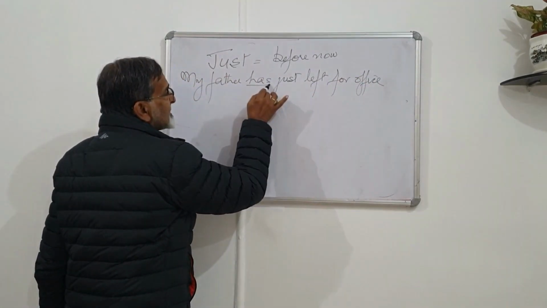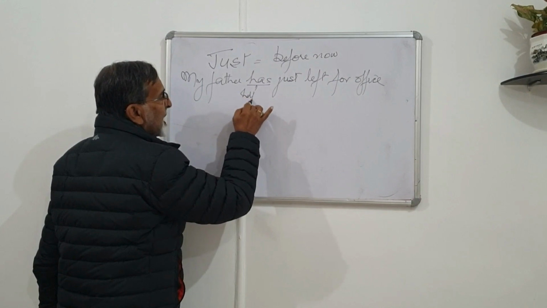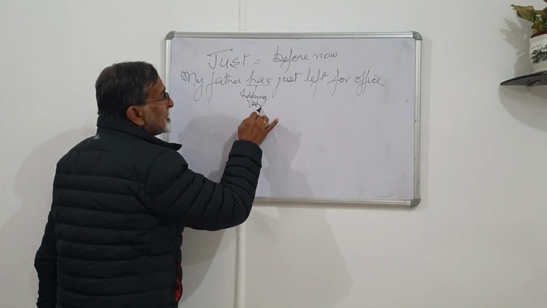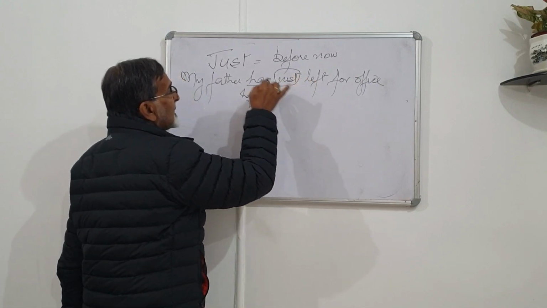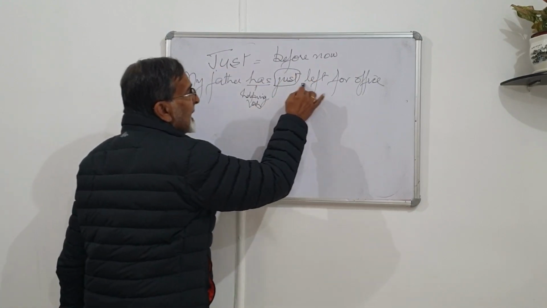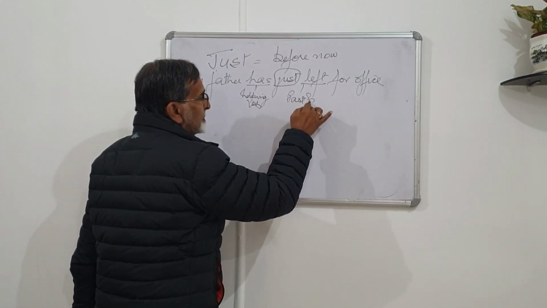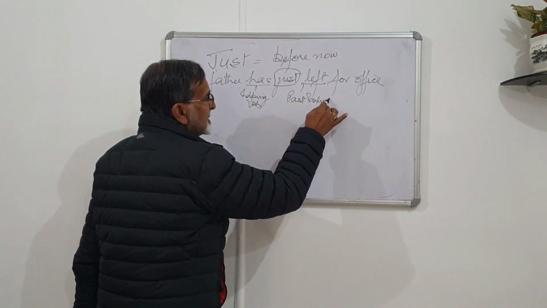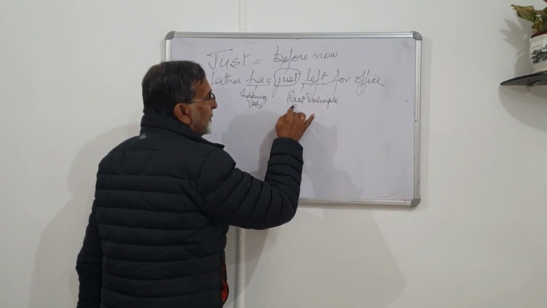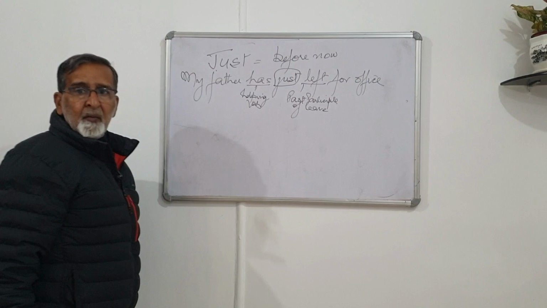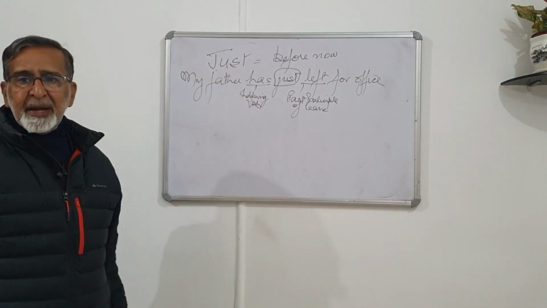Now, has is the helping verb. Just is the word that we are using here, and left is the past participle of leave. So that is how you make a sentence.